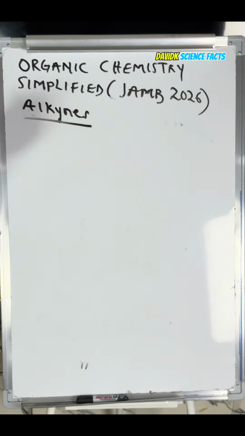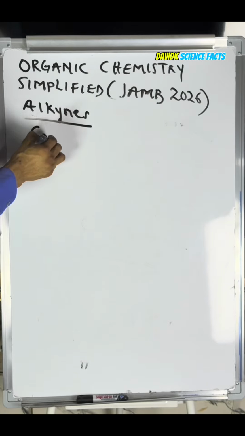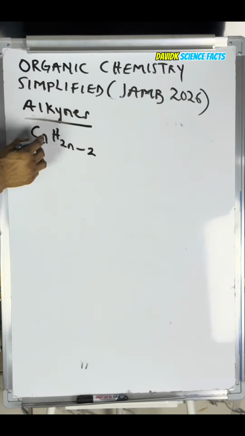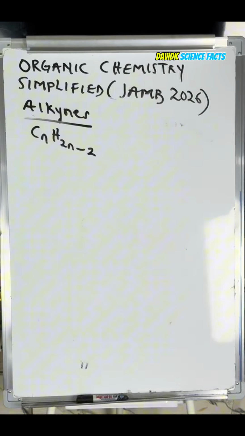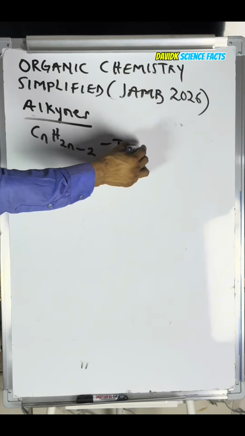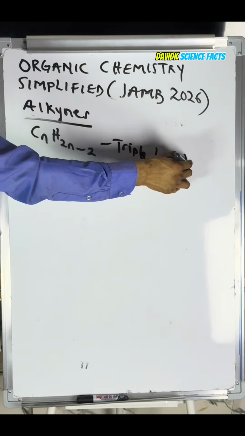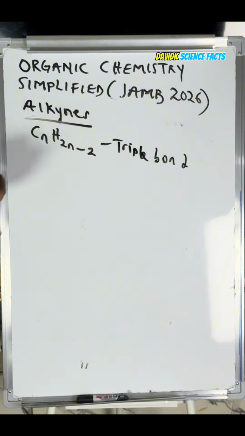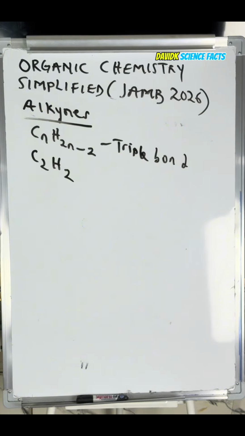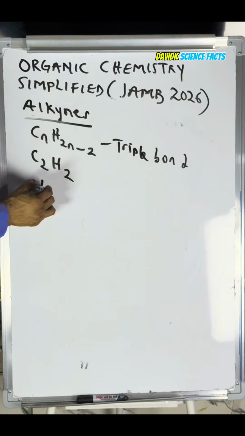The general formula is CnH2n-2. Take note of this formula. Remember, it forms a triple bond. Example, we have C2H2. C2H2 is also called ethyne.